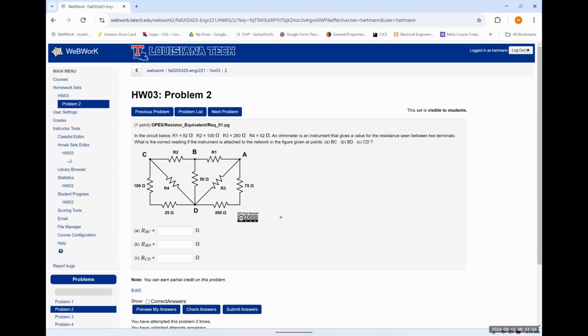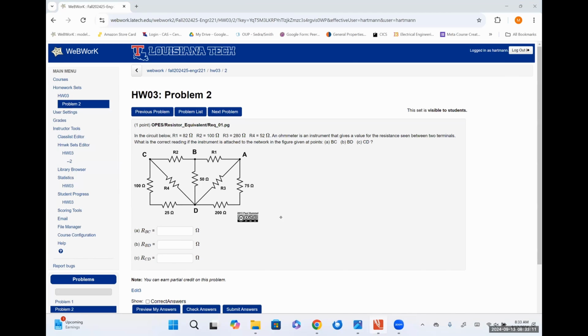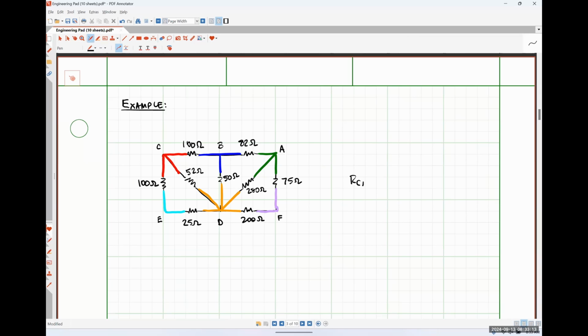So just A, B, or C. Somebody? C. Okay. So we're trying to find the resistance seen between terminals C and D. So RCD is equal to question mark.